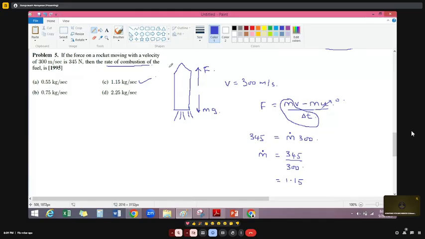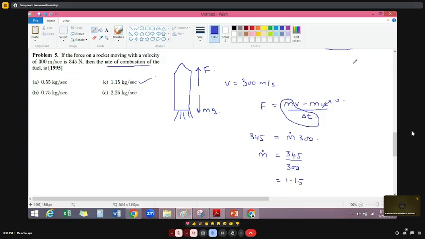They did not ask you to find the F. They already gave you the F. They asked you to find the rate of fuel which you are burning, the rate of combustion of the fuel. If they had given you the acceleration, then I would have taken F minus mg.